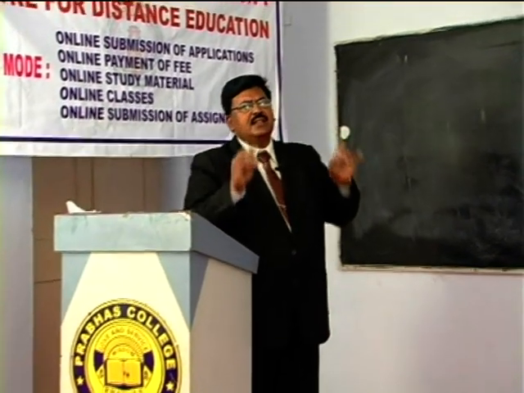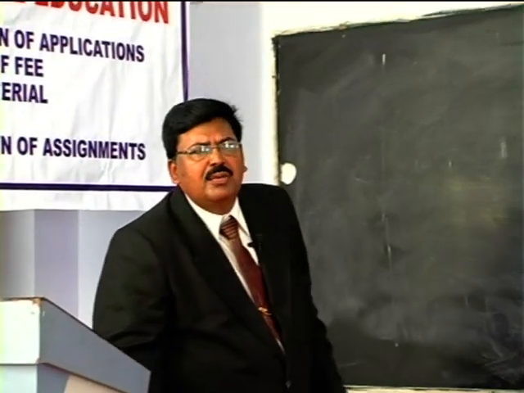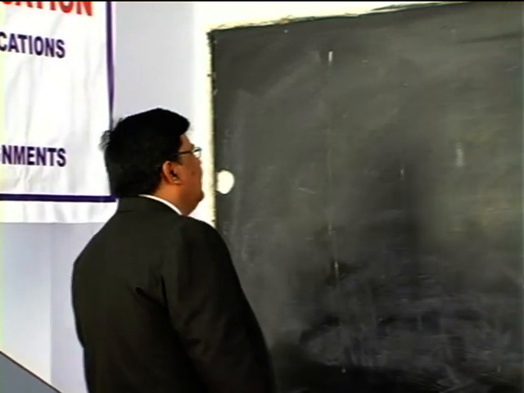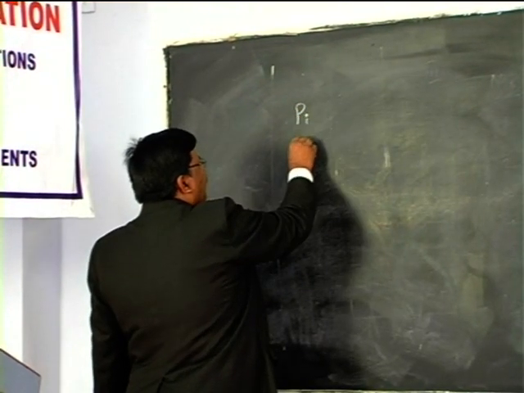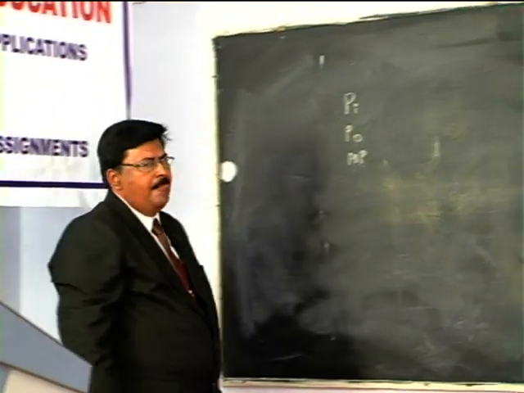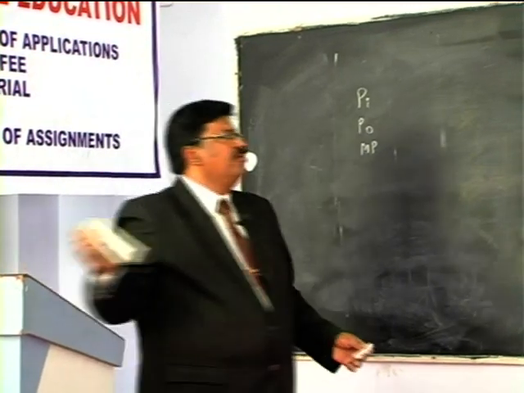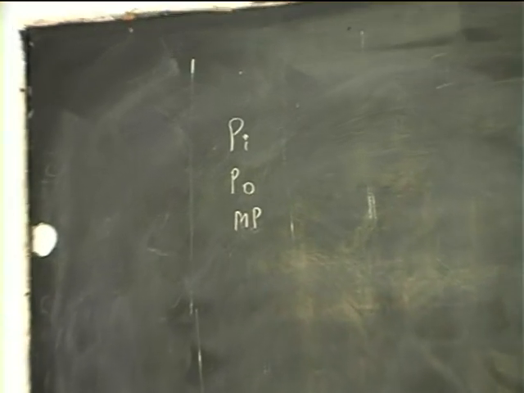Where exactly in stage 2 he operates, or what is the optimum quantity of a variable input usage? If you want to decide that, we need 3 pieces of information: price of input, price of output, and marginal productivities of labor. If you are given these 3 pieces of information, it is very easy. We can decide the optimum quantity of a variable input usage.